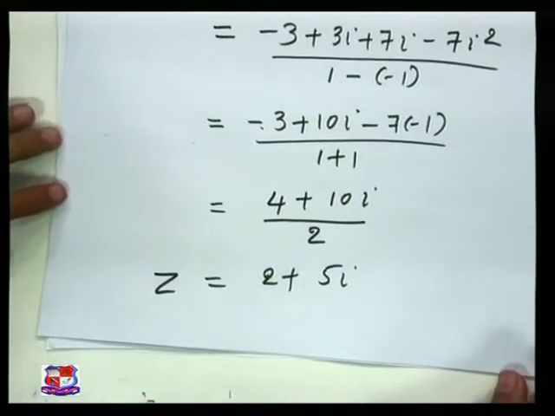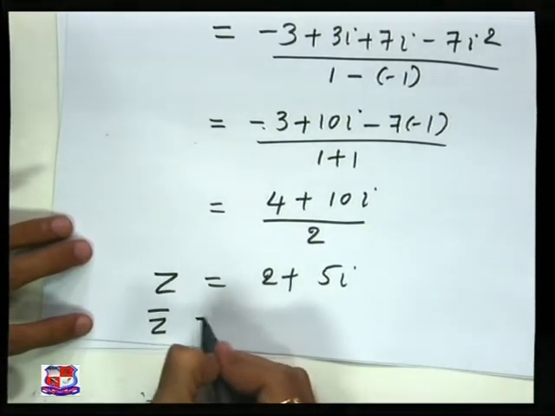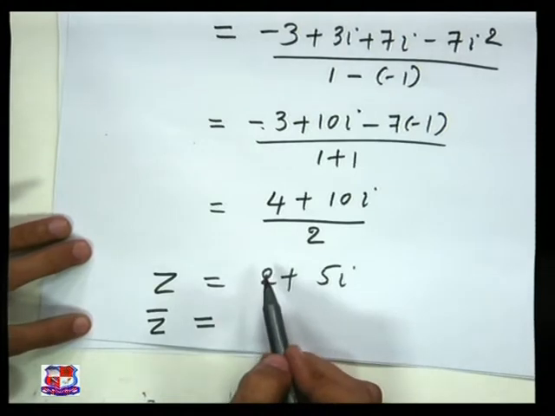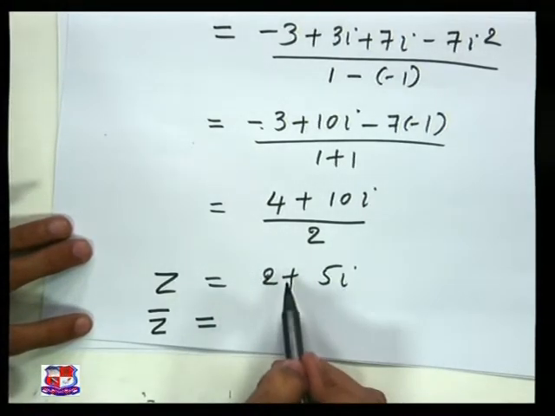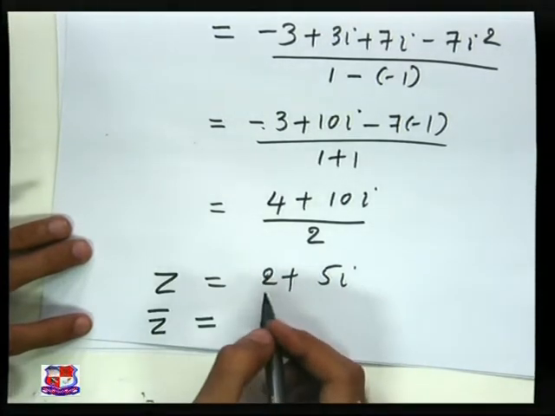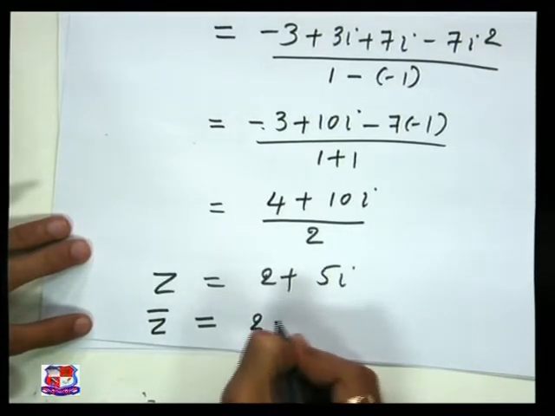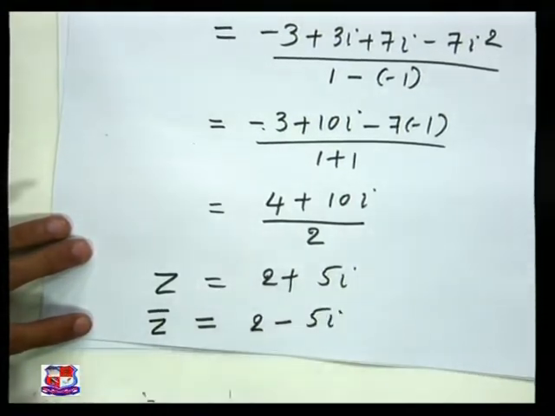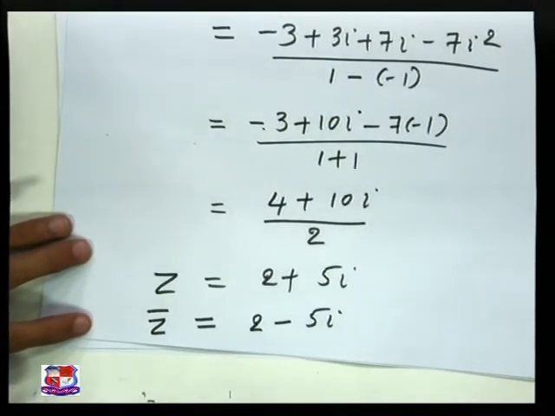So I can say the conjugate complex z bar is equal to, we know that the real part and imaginary part will be the same, but the sign is different. So z bar, the complex conjugate of this complex number, is 2 minus 5i.